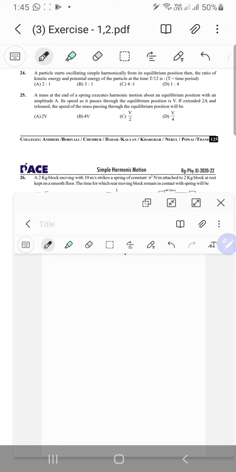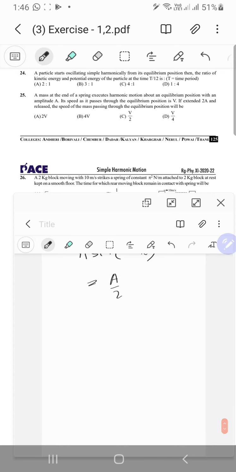Okay, so at time T by 12, its displacement will be A sine of 1/12 of 2 pi, which will be pi by 6, which is A by 2, I guess. Yes, so it's just A by 2.